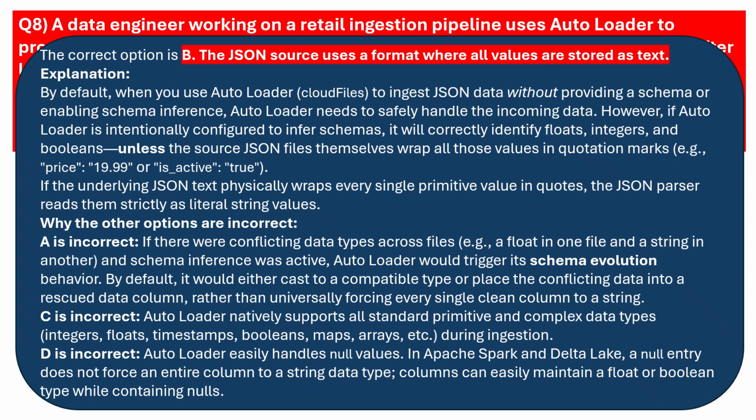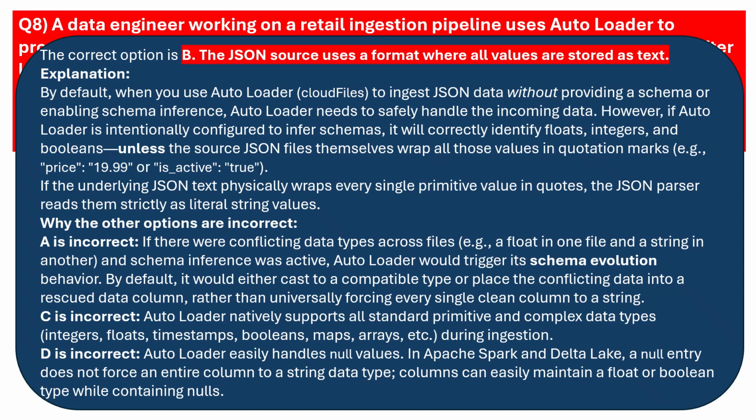The correct option is B. The JSON source uses a format where all values are stored as text. Explanation: by default, when you use Auto Loader cloud files to ingest JSON data without providing a schema or enabling schema inference, Auto Loader needs to safely handle the incoming data.